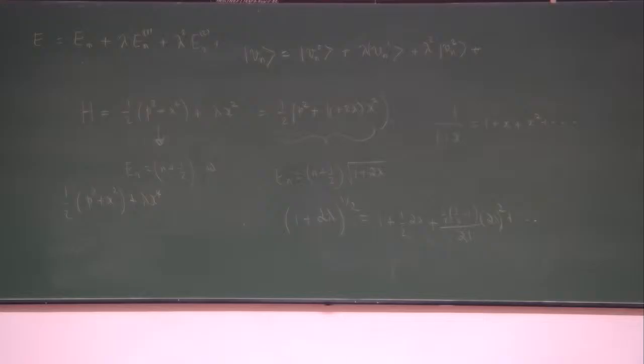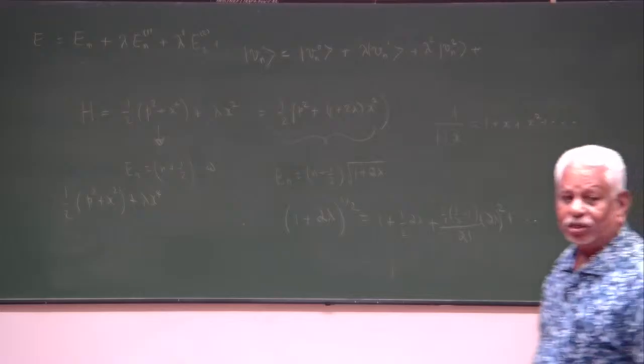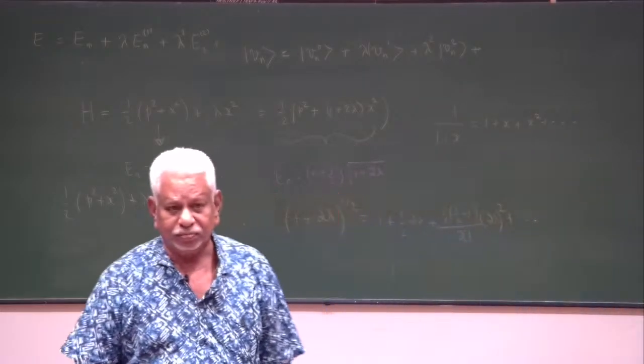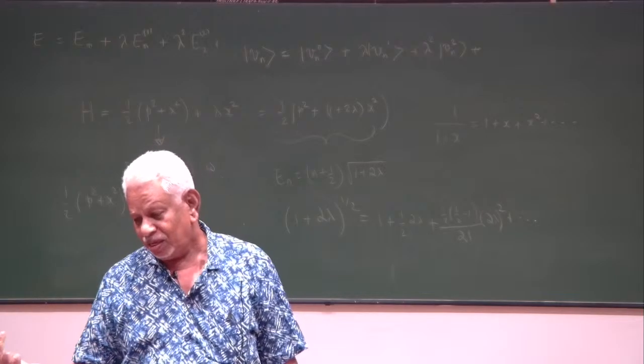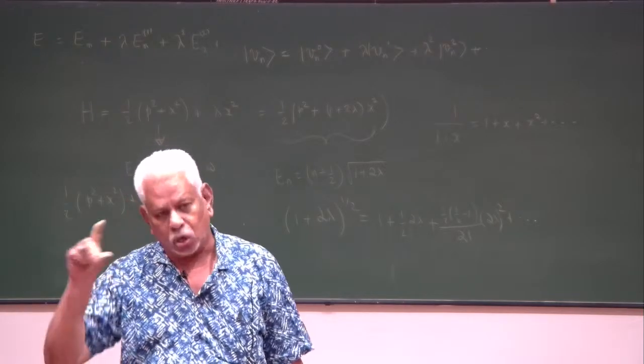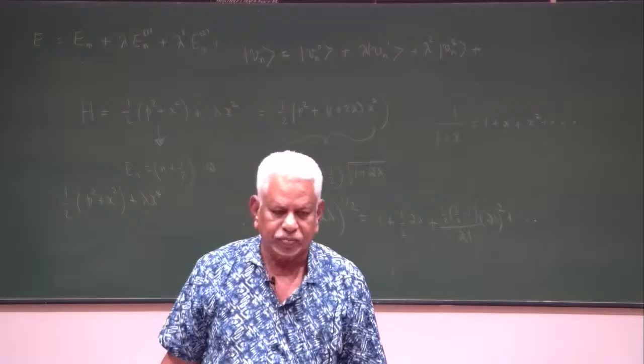Unfortunately, that series is a divergent series, whatever be the value of lambda. That's a pity, which means you can't use the perturbation method at all. That's what it looks like.